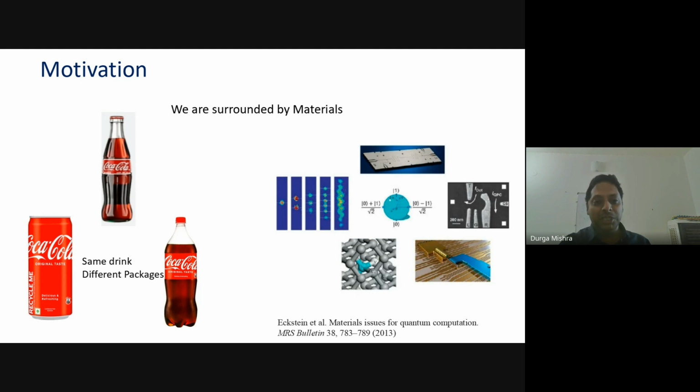The can is made of aluminium, the plastic is some form of polymer, and glass, of course, is silicon dioxide or some form of that. So they are really very different types of materials, and we are using them for consuming and storing our food products.